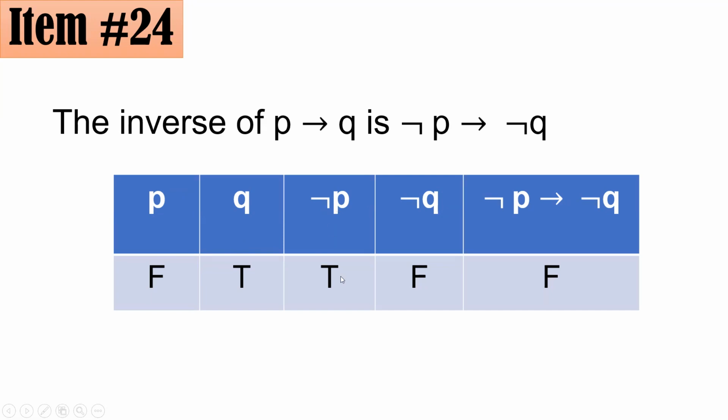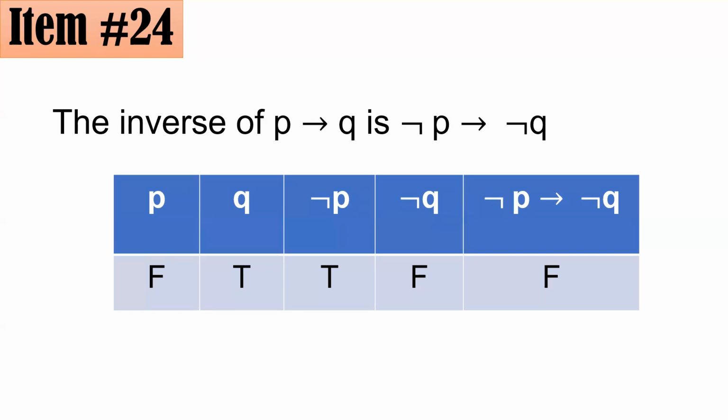Kasi kung false, negation niya true. Kung true, negation niya false. Samantalang nandito naman po yung Q po natin ay true. Yung negation ng Q, ng true, ay not Q, which is false. So ito na po, meron na po tayong not P, which is true, at not Q, na false.